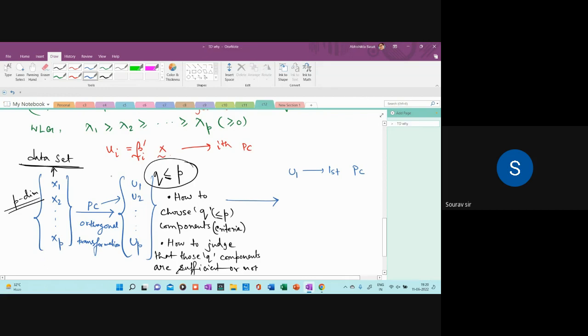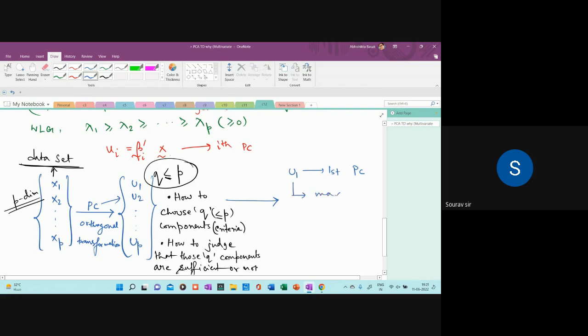We assume by default the orthogonal transformation, where beta holds my eigenvectors and lambda 1, lambda 2 are my eigenvalues. By default it says that u1 has the maximum variance among all other normalized linear combinations of x curl.